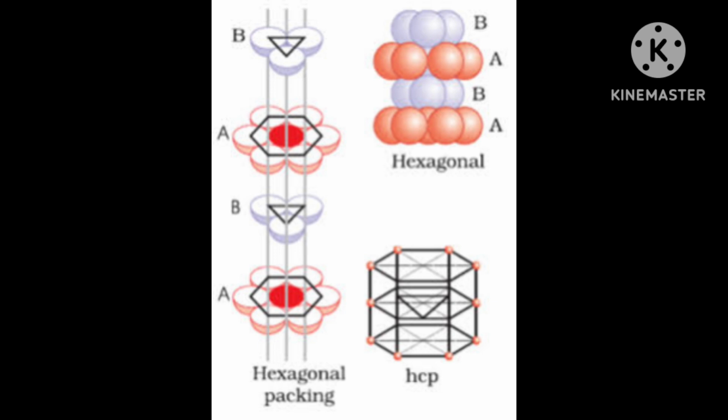CCP, C means cubic, the other C close, P packing, cubic close packing, or HCP means hexagonal close packing structure. If particles touch, they can form these two types of structure. Two types of voids are generated. Already I have told you.